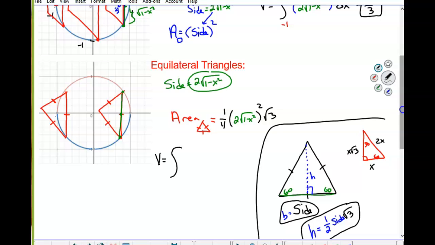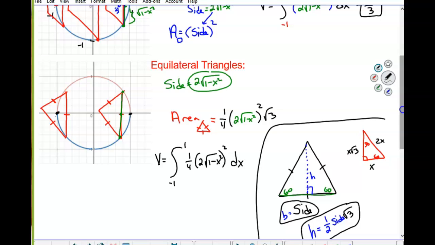I want the volume, which we know still goes from -1 to 1, because that's where my first triangle starts and my last triangle goes, from -1 to 1. And then you could pull the 1/4 out. Any constant you could pull out. But if you're just writing it and you have it like this, leave it.